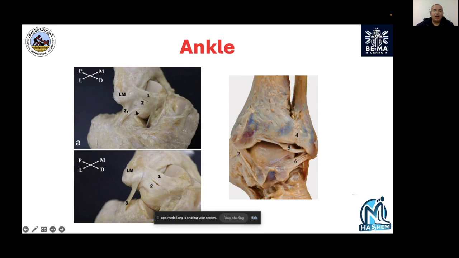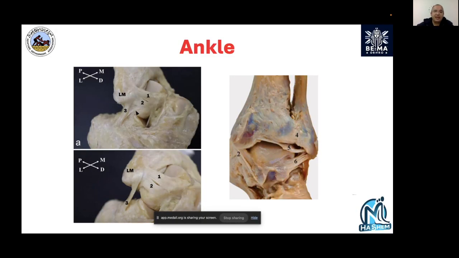So if we go to how we assess injury to the ligaments: you assess the ATFL by putting the foot into plantar flexion and doing an anterior drawer. The CFL you test when you put the foot in neutral and do a varus inversion. And you assess the PTFL when you put the foot into dorsiflexion and do an anterior drawer.